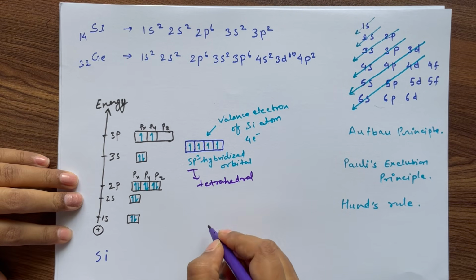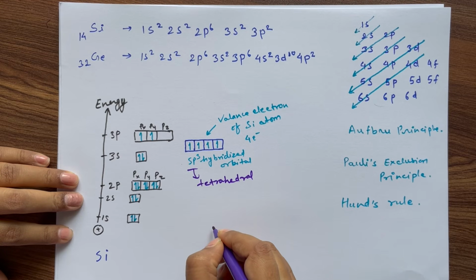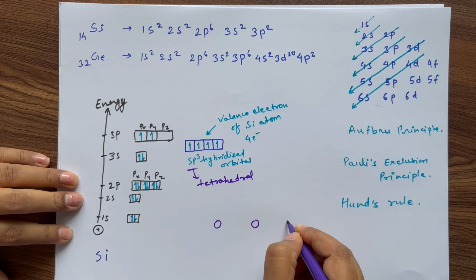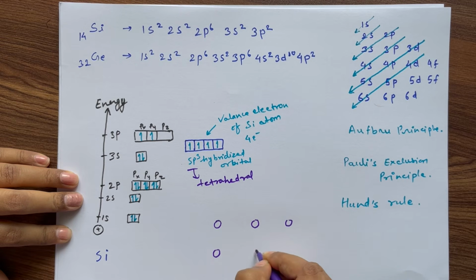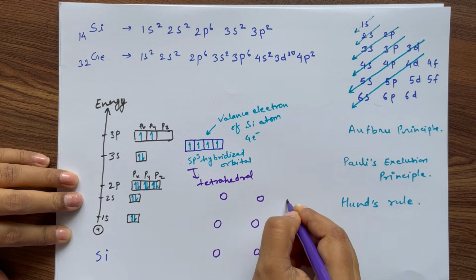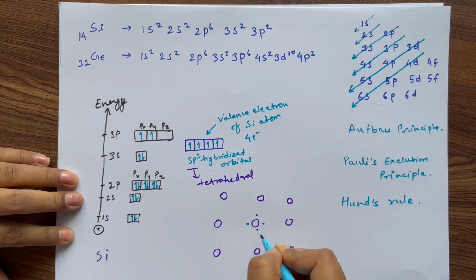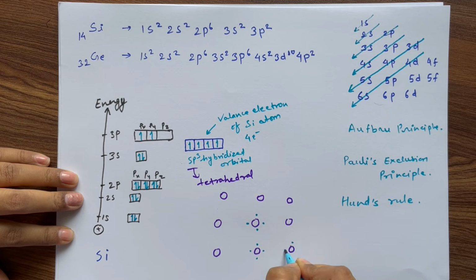We normally see the 2D representation of this bonding, where one silicon atom is bonded together with other 4 silicon atoms. One silicon atom will have 4 valence electrons. The other will also have 4 valence electrons, like that.